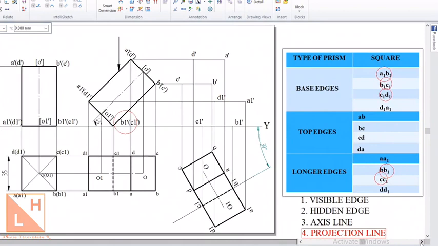Now that we have done all the 8 points in the final position, we just need to connect them so that we are clear with the visible edges as well as the hidden edges.